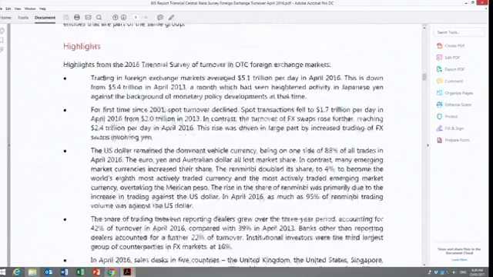Their highlights can be found in this summary. And one point to take note of, even as of 2017, is the comment that they have made with regard to the US dollar. Apparently, the US dollar is still considered the dominant vehicle currency.